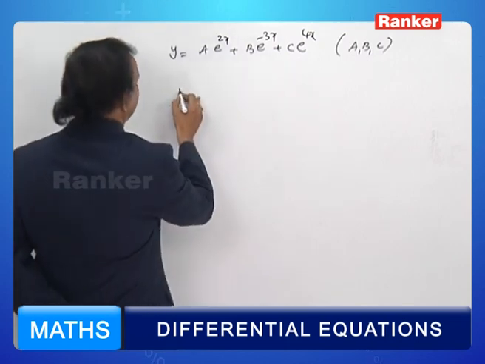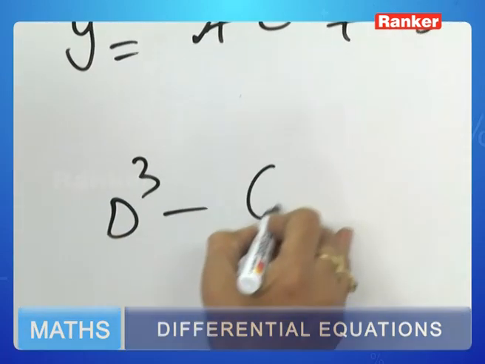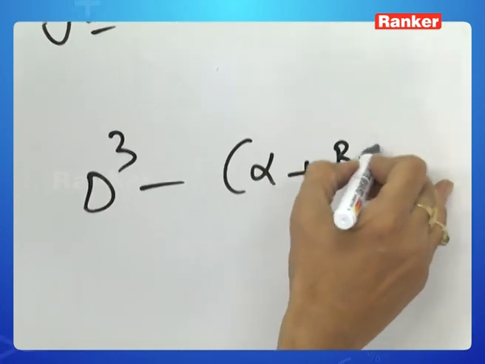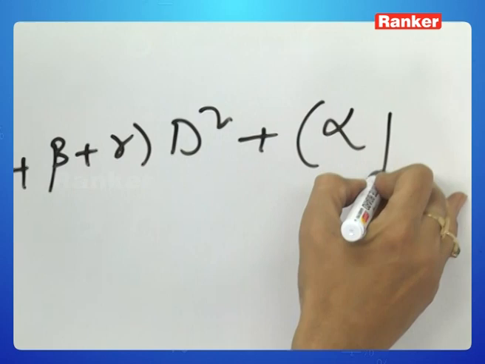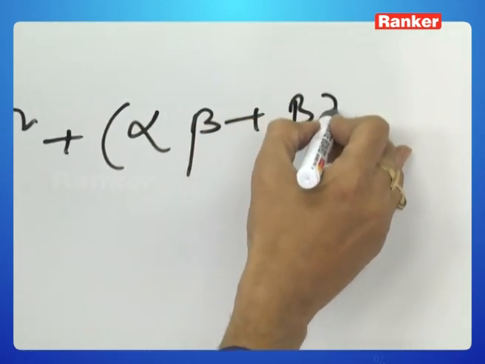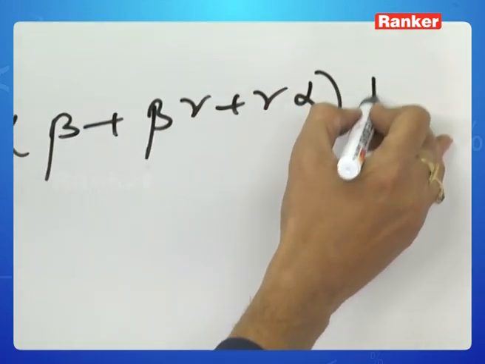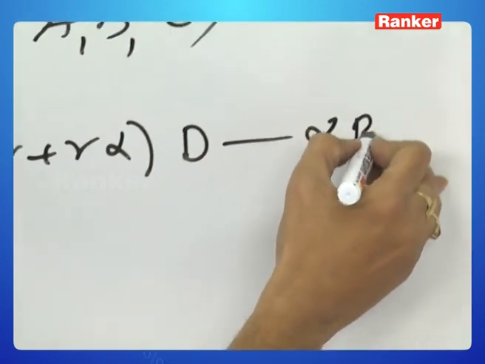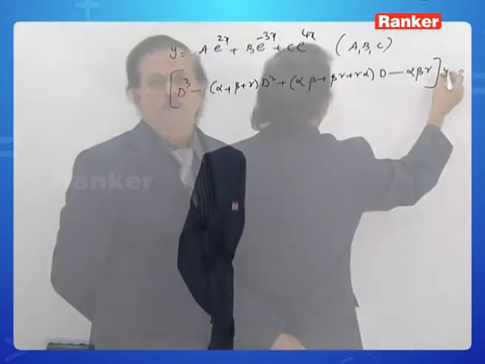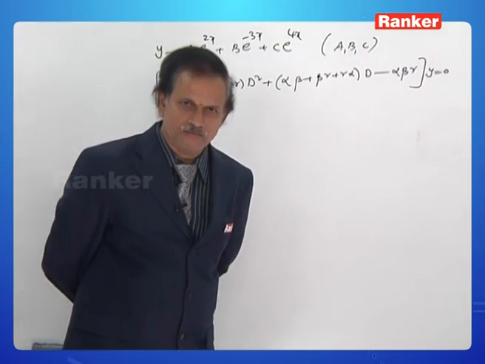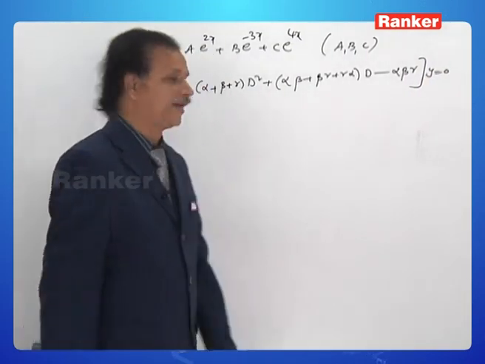It is D cube minus (alpha plus beta plus gamma) D square plus (alpha beta plus beta gamma plus gamma alpha) D minus alpha beta gamma of y is equal to 0. That is the result, the technique which we could have developed. Okay, right.